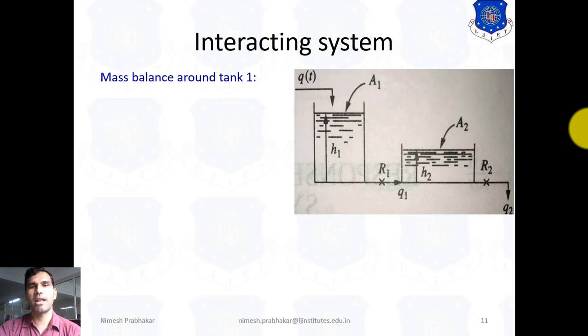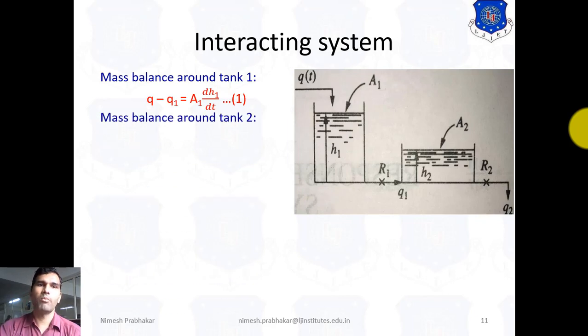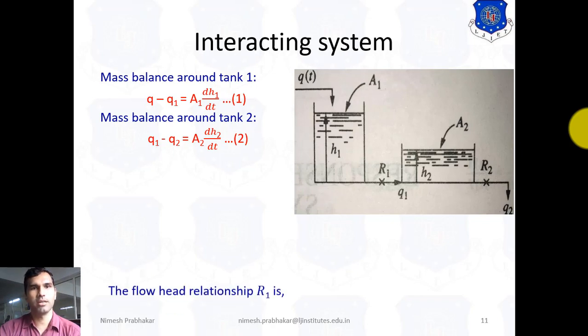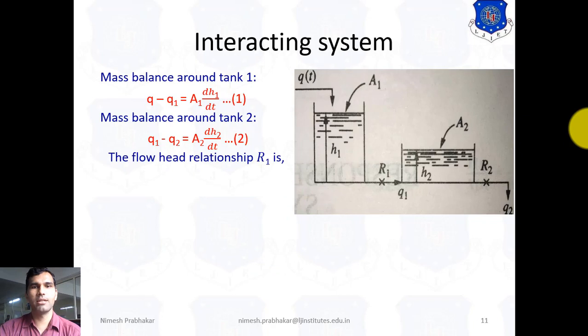So mass balance around tank 1, we can write Q minus Q1 is equal to A1 dH1 by dt. Now mass balance around tank 2, we can write similarly Q1 minus Q2 is equal to A2 dH2 by dt. So the flow head relationship for R1 is given by, see here, this is slightly different from the non-interacting system.